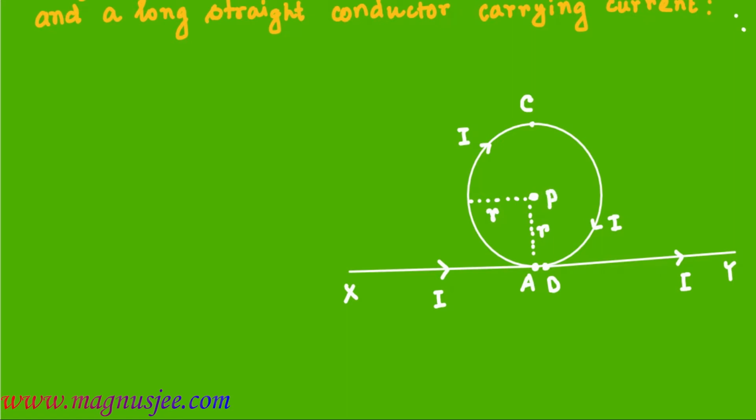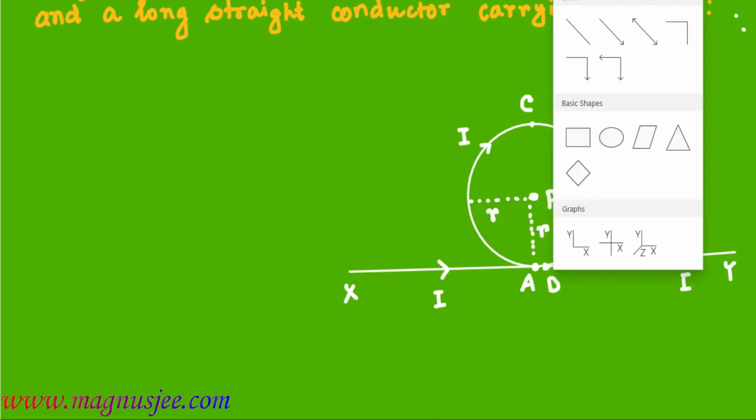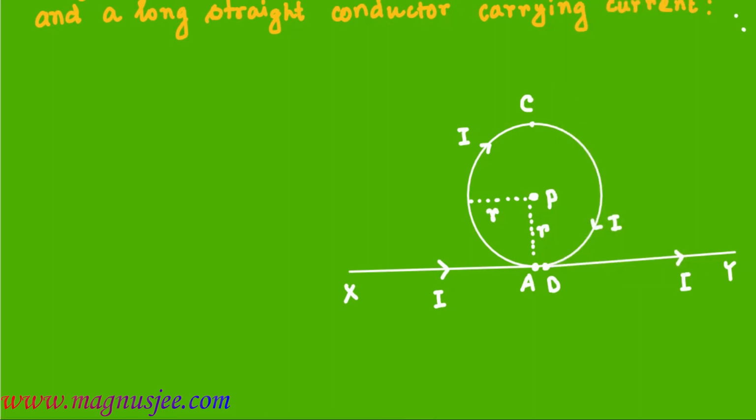At the center P of the circular loop, the magnetic field induction due to the current flowing through the circular loop will be acting inwards. So that magnetic field induction is BACD, which acts inwards.